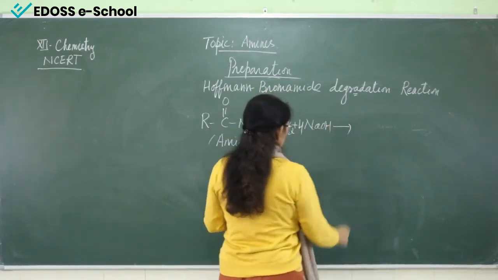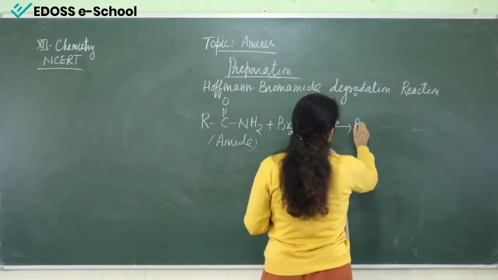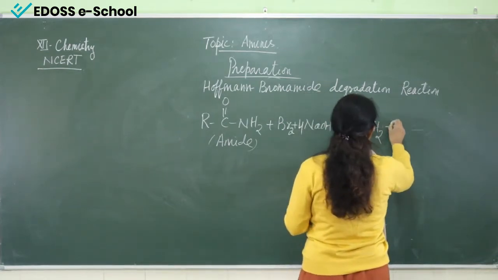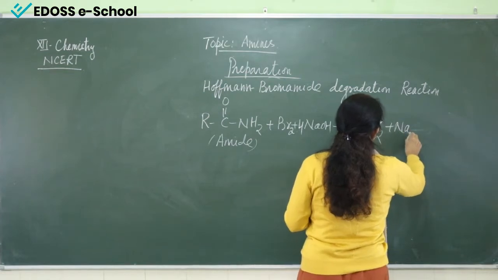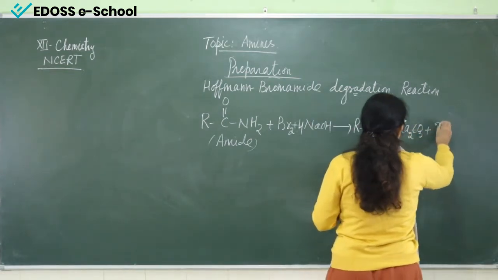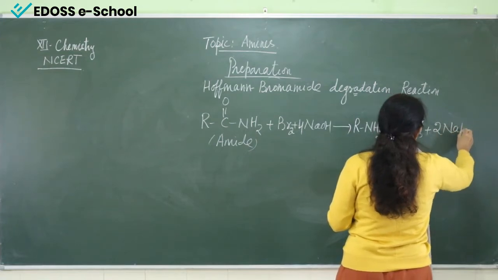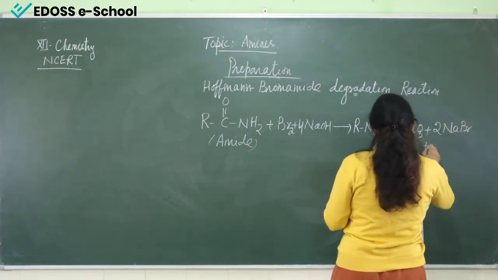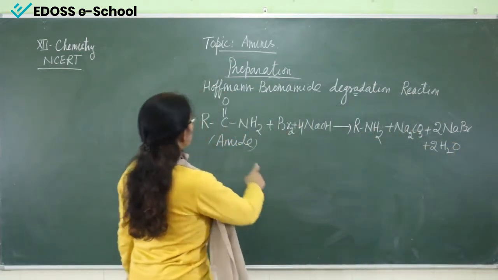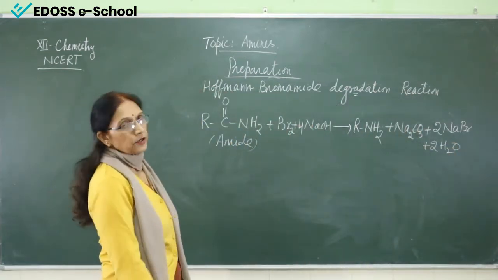So what is given out? This is a primary amine, and these are sodium carbonate, 2 NaBr, and 2 molecules of water. This is given out in the Hoffman bromamide degradation reaction.